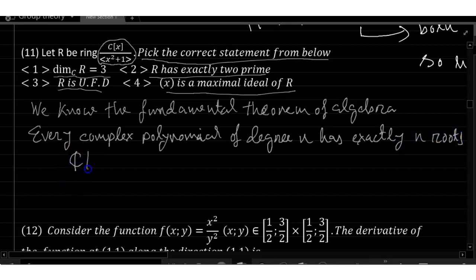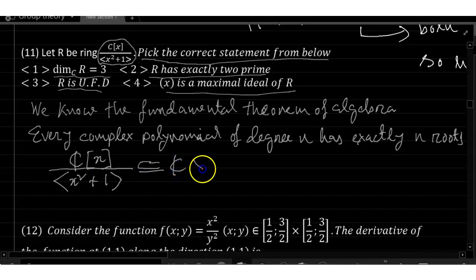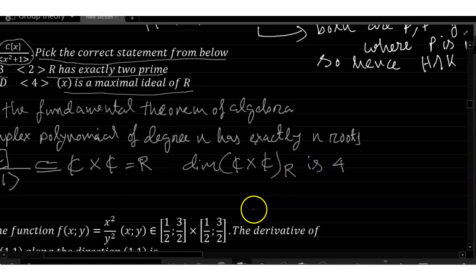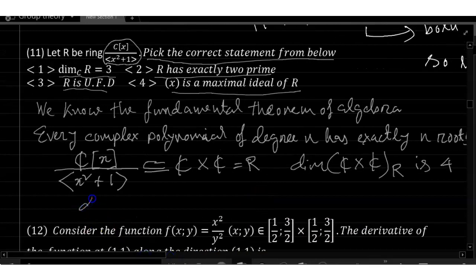So C[x] divided by x squared is isomorphic to C cross C, which equals dimension of C cross C over R, which is 4. Dimension of C cross C over C is 2.